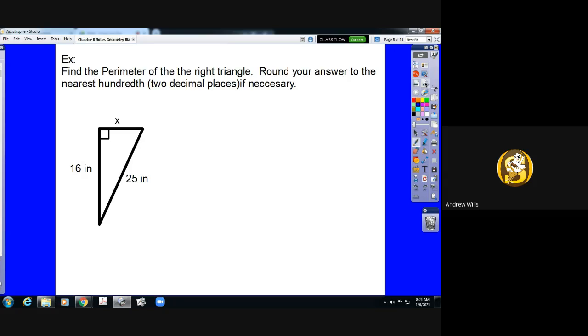So find x first and then use x to answer the question. This example also has a somewhat fortuitous wrinkle to it in terms of the number you get for x.